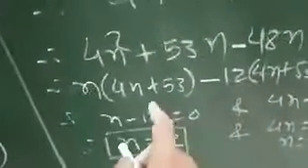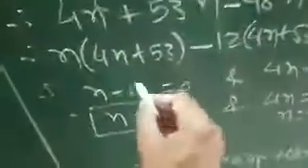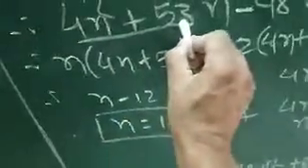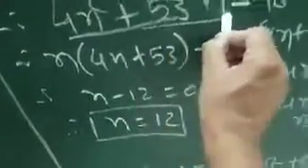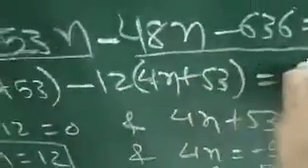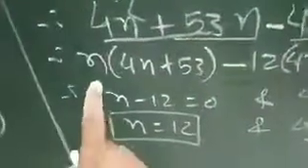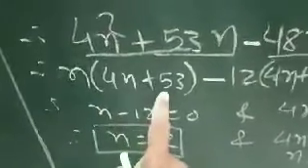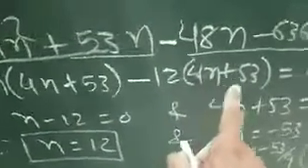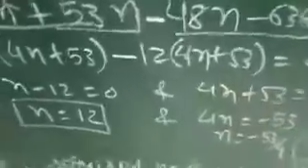Then we take common from the first two terms and the last two terms. Okay, so here n, then 4n plus 53 into bracket, here minus 12 common, then remaining into bracket 4n plus 53 is equal to 0.